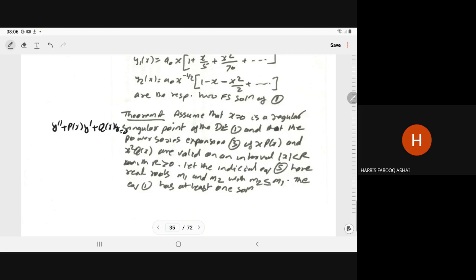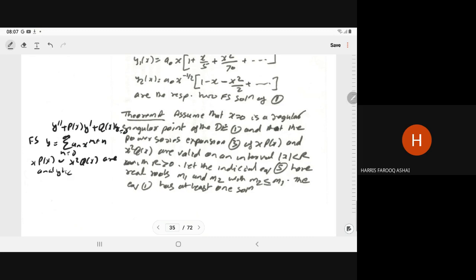Let's say x is equal to 0 is the singular point, or you can say regular singular point, and let y be equal to summation a n x to power m plus n for n is equal to 0 to infinity. The power series expansions of x p(x) and x square q(x) are valid on the interval mod of x less than r. This means not a power series, this is the Frobenius series. They are saying that x p(x) and x square q(x) are analytic.